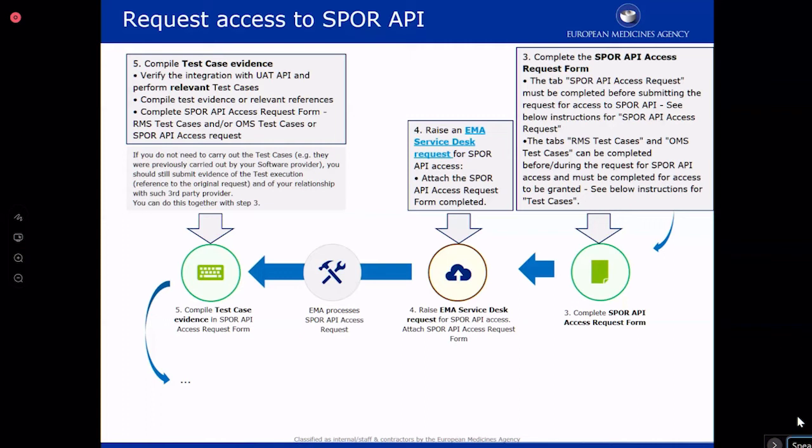As I said earlier, you don't need to carry out the test cases yourself if they were previously carried out by a software provider, but we need to see the evidence of the test execution from the third-party provider and of your relationship with this third-party provider.